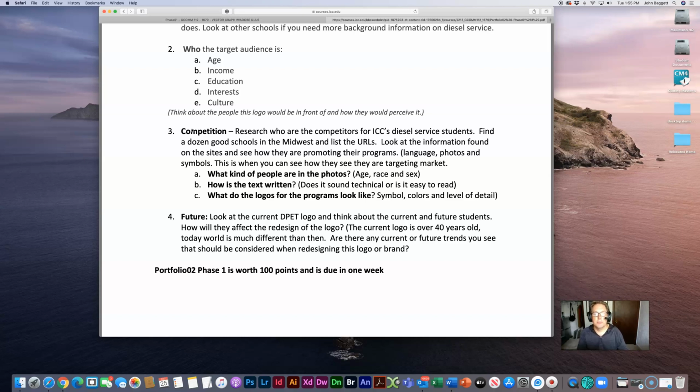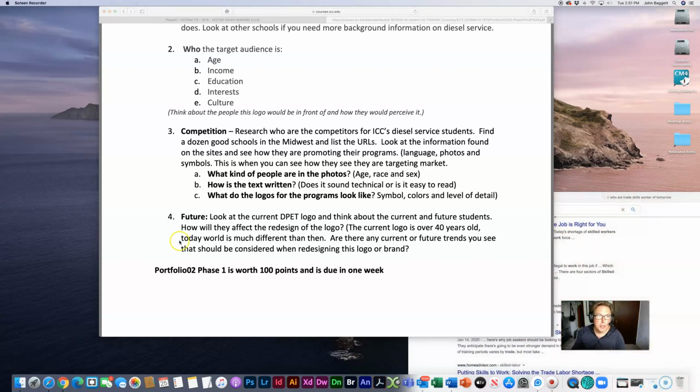Look at the subject matter and use it as a point of reflection so that you can make sure you understand who DPET is, what their audience is, who their competitors are, and what they're trying to achieve with this logo redesign. As we move through this and I look at your work, I'll have some suggestions and help to fill in some of the blanks, so we'll be able to align better with who DPET is.